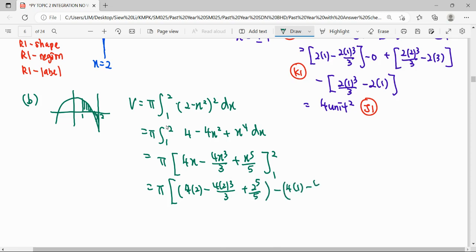Then you can press your calculator to evaluate this integration. So for volume, you need cubic units.